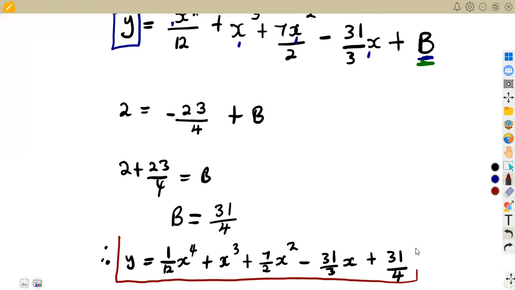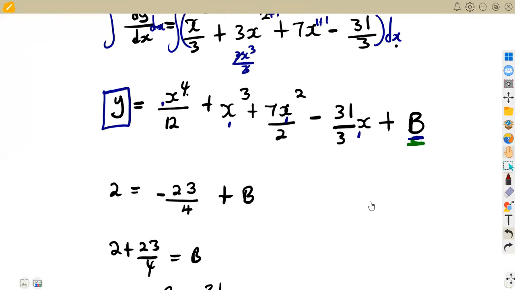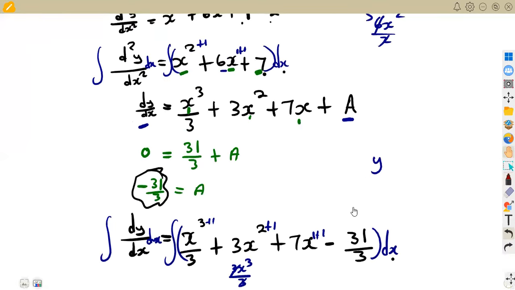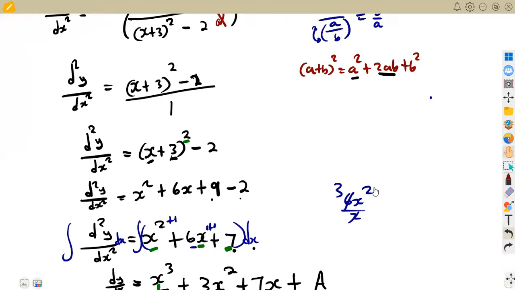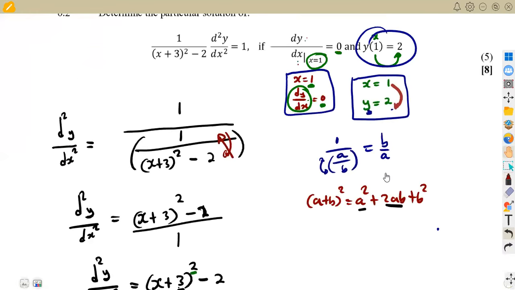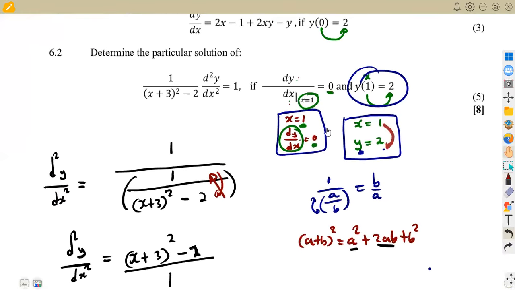Sometimes they might ask the same question as express y in terms of x, given this whole information they gave us from this part here. Instead of asking directly to determine the particular solution, they'll say, express y in terms of x.